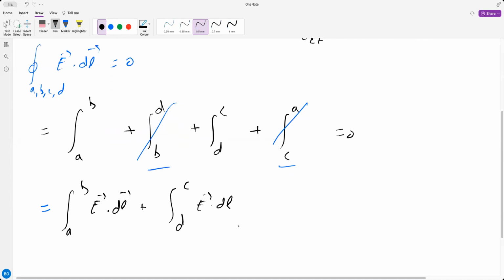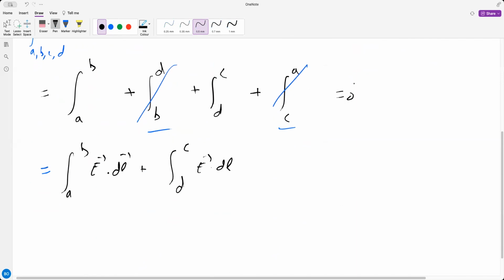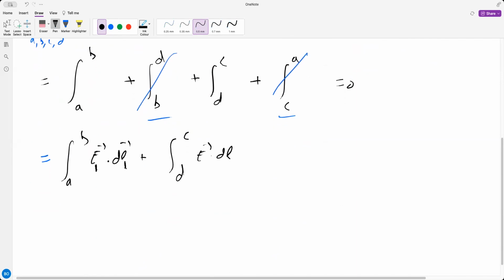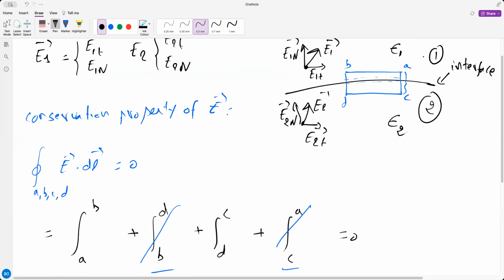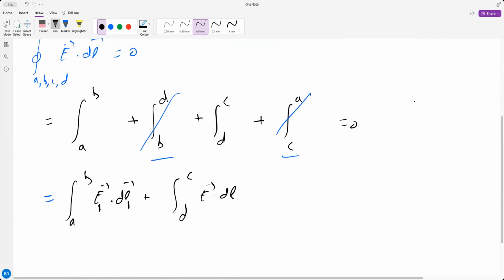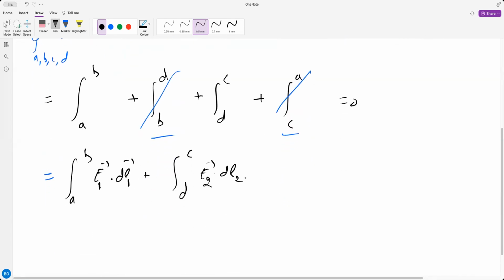Now remember, the integral from A to B is E1 dl1, because the segment AB is in medium number 1, and segment DC is in medium number 2. And you can easily see that E1 dl1 is the tangential component E1t times L1, the length.